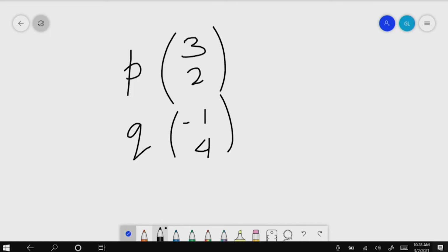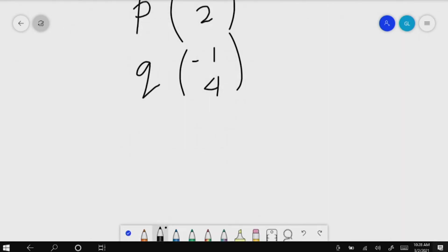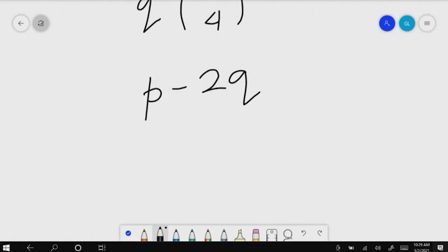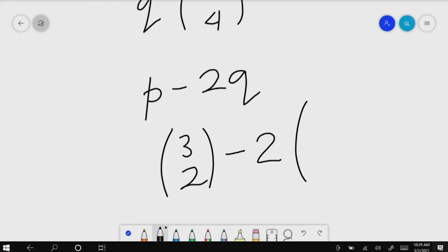They're asking us what P minus 2Q would be. In substituting for P and Q, we have P, which is 3, 2. We need to subtract 2 of Q. 2 of Q would be 2 times minus 1, 4.